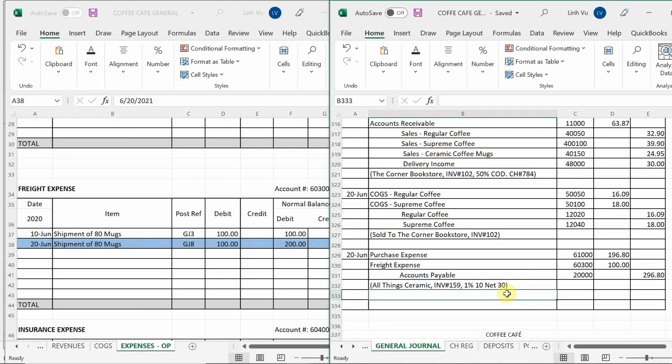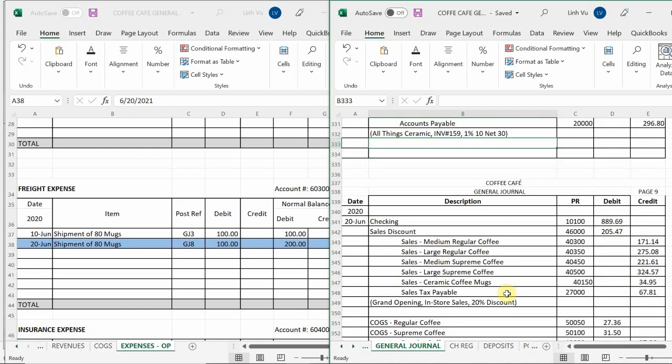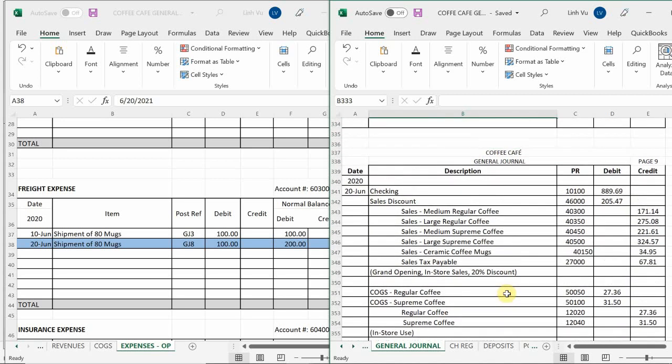So far so good. So I don't know where we found the mistake, but it's gonna be coming up soon. I have a feeling it's like I said, it's a cost of goods sold. Let's see. Checking. We did some in-store sales for the 20th. So we got checking for 800 and sales discount for 205. Okay, so let's do that.